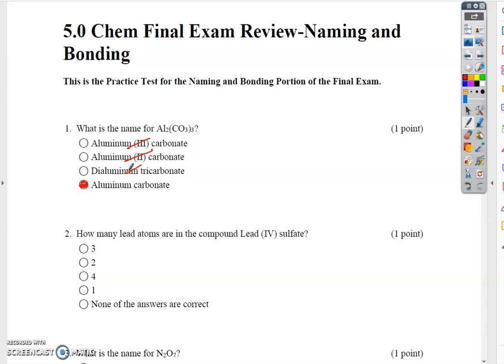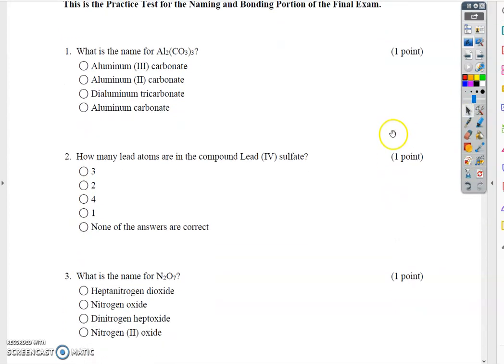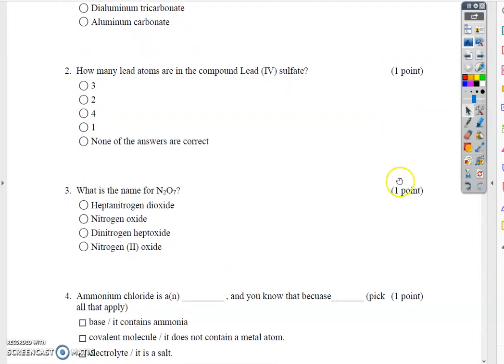So you have transferring is ionic, shared unequally is polar covalent, shared equally is non-polar covalent. Now for that one, you didn't even have to do anything with the electronegativities because that polyatomic ion should be a dead giveaway. Plus there was a metal in it.